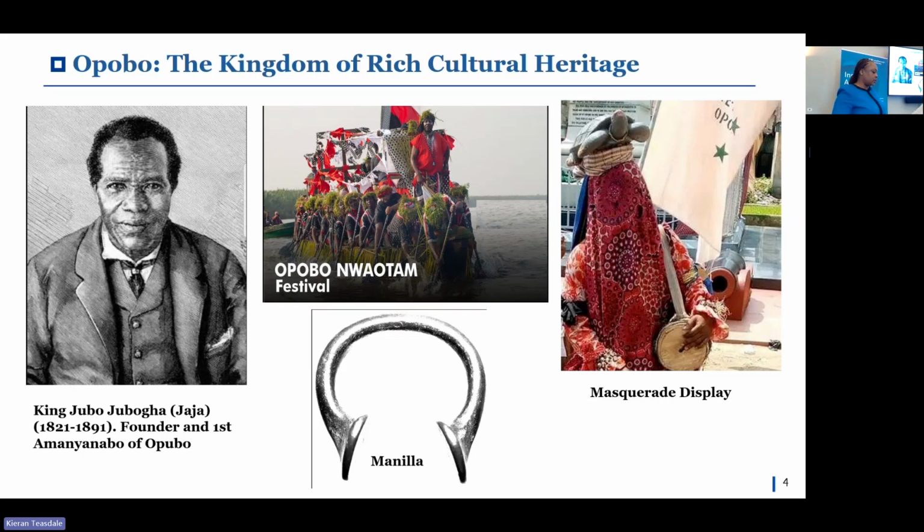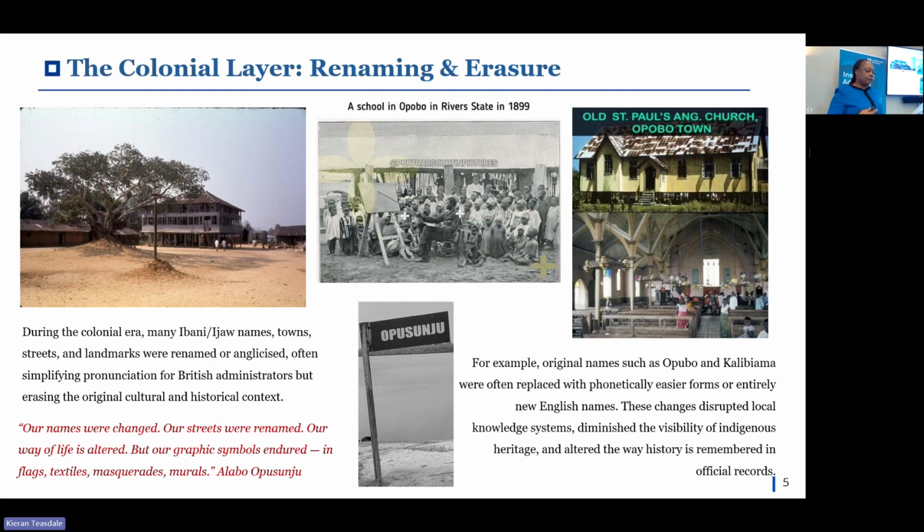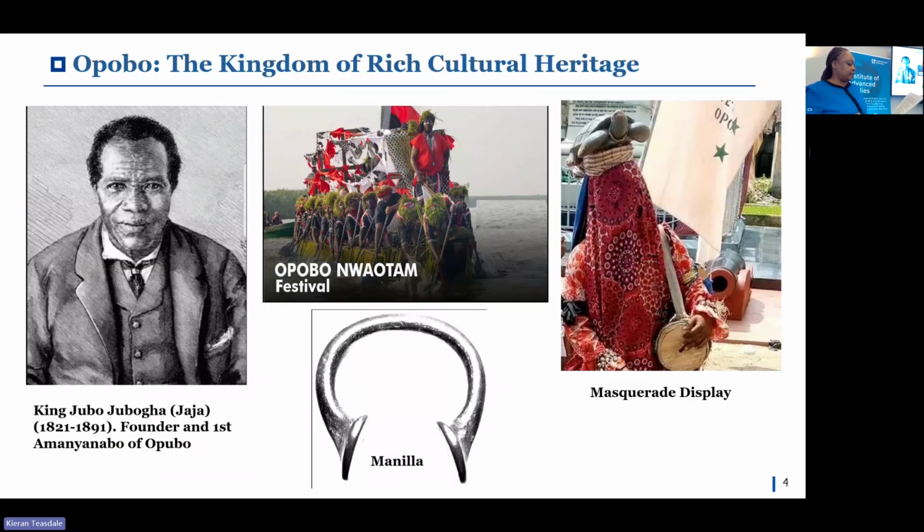Each War Canoe House possessed distinctive visual markers, their flags, their colors, their symbols, and ceremonial objects that communicated lineage, authority, and historical narratives. Over time, these visual identifiers became embedded within broader cultural practices such as festivals, masquerade performances, and public ceremonies.